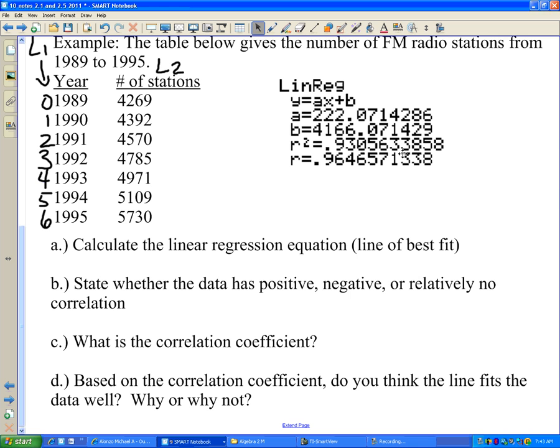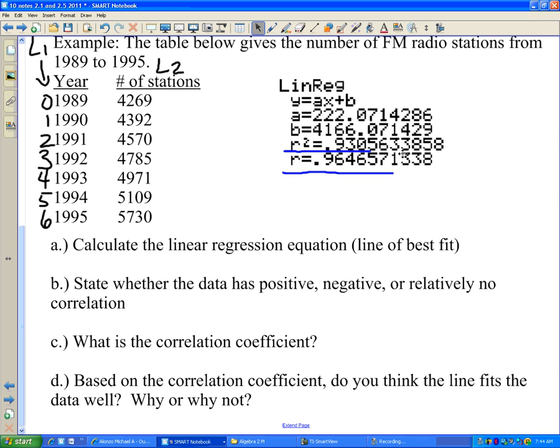And notice right here it gives me an R value and an R squared value. The R value is a measurement of how far off my points are from my line of best fit, my linear regression line. R squared squares those before you add them and sees how close of a fit that is.